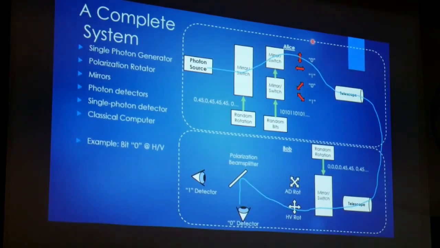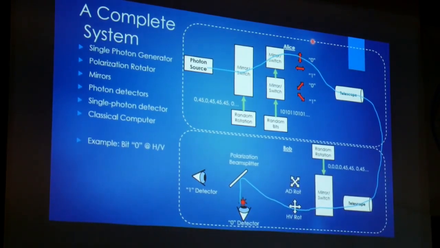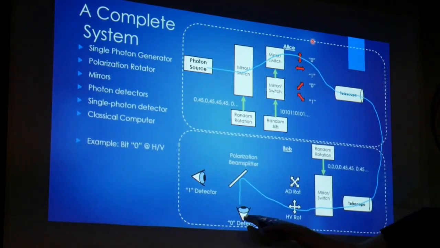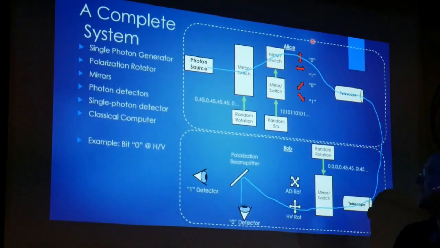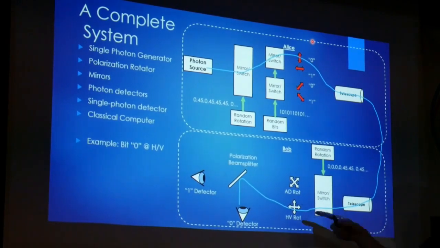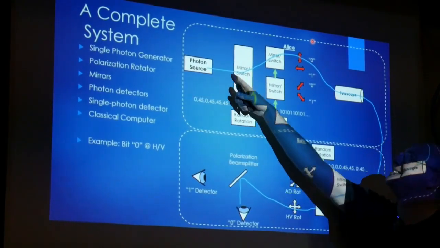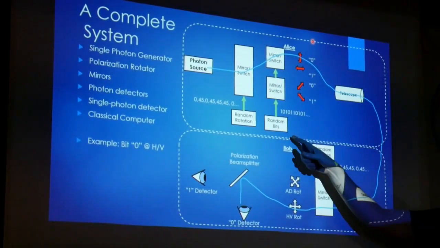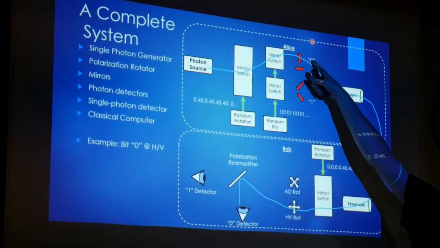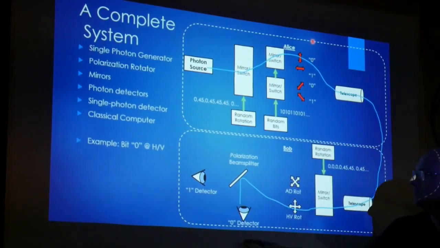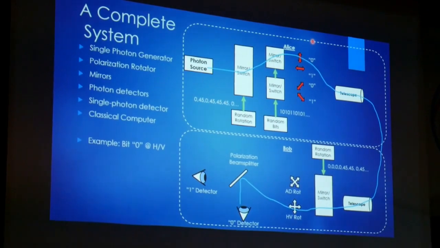Ready? 3, 2, 1, go. Come on. Pew! Boom. The point is, Bob receives a 0 through the horizontal vertical path because Alice sent it through the horizontal vertical path using the 0 vertical, etc. Okay?